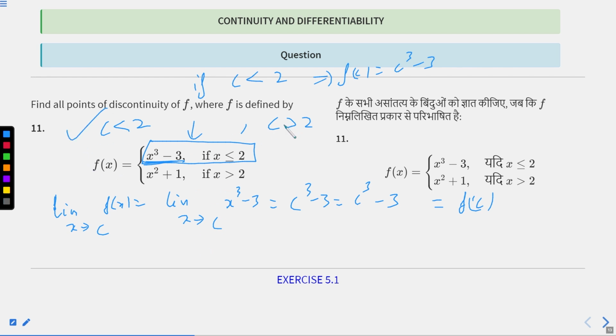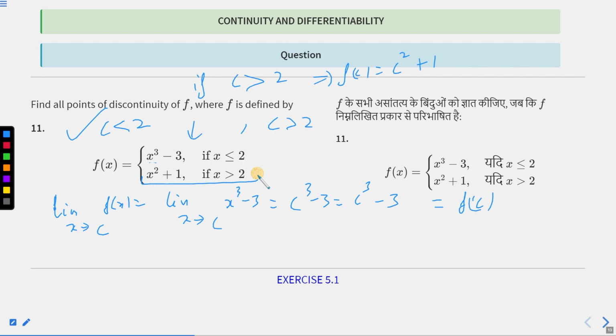What about if c is greater than 2? Suppose c is 4, then what function do I have to choose? If c is 4, then I have to choose the function for any x greater than 2. This means that f of c here will be c square plus 1.